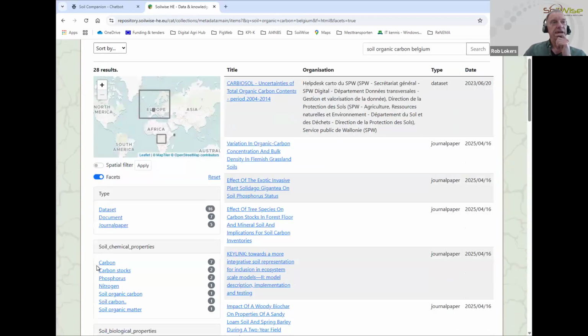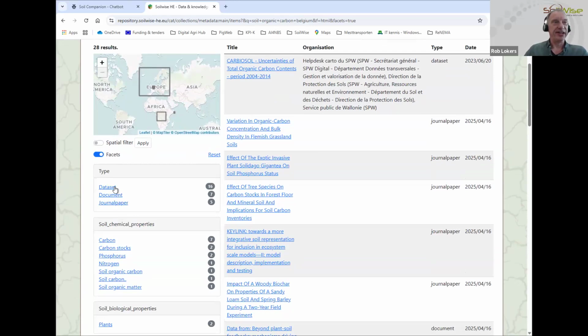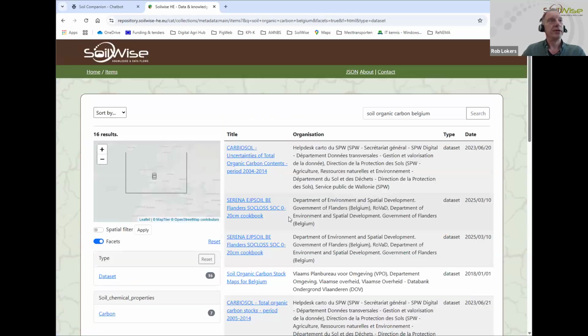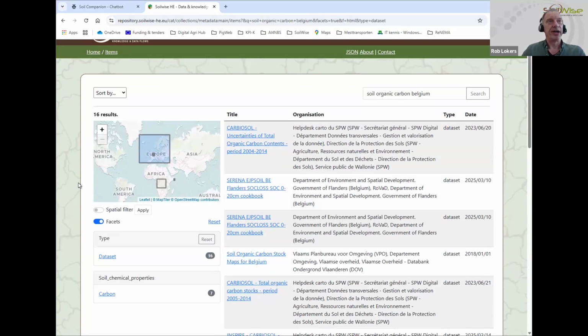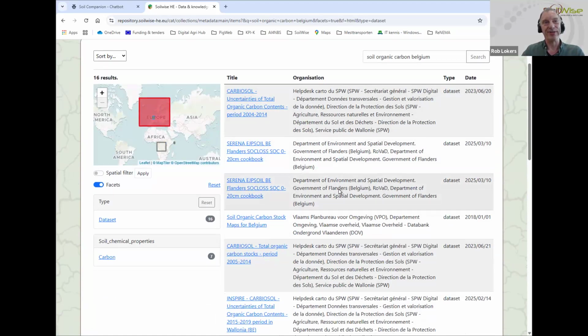So there we go. Those 28 results contain 16 datasets, 7 documents, and a couple of journal papers. I could, for instance, go to the subset of datasets here, and then I get those 16 results. It seems that most of them are either on Wallonia or Flanders.